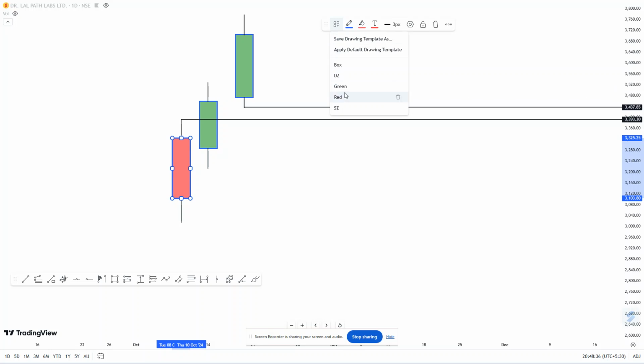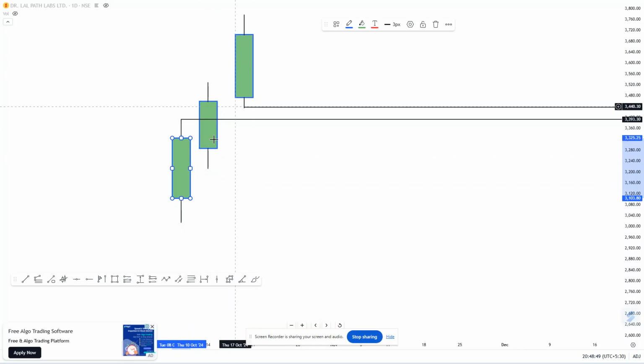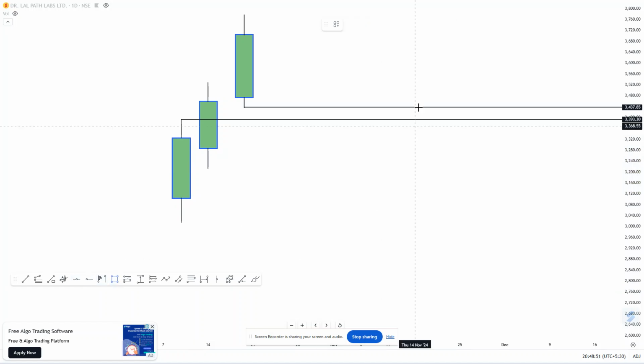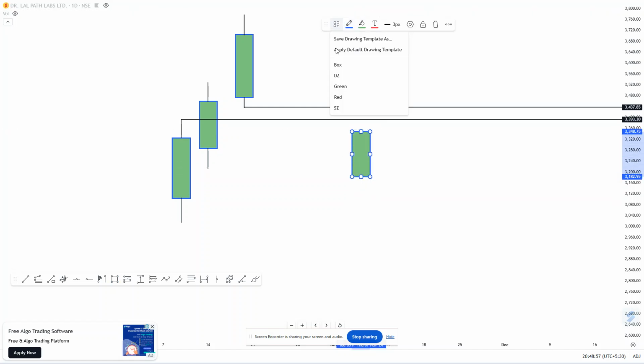Not necessarily all candles will be green, but one can be red. Obviously, the top one shouldn't be red here because we are looking for an uptrend. So this should be the format. While for the bottom side, we will be looking for something like this.